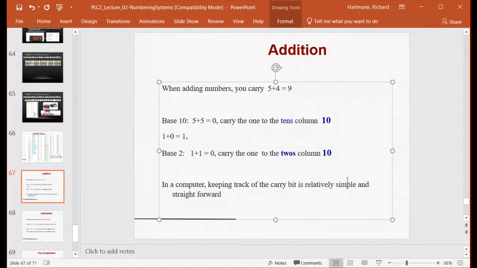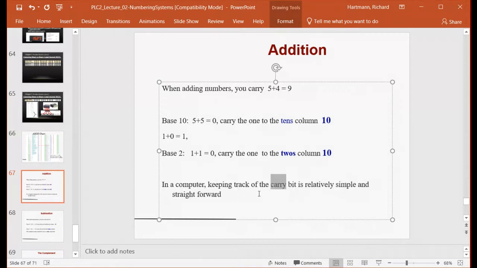And again, we don't think of it very much that way, but that's exactly how you add, right? When you're trying to count, you're adding 1 or 5 or whatever value, but you end up saying, hey, I'm out of characters here, so I'm going to have to carry over into the next higher column.